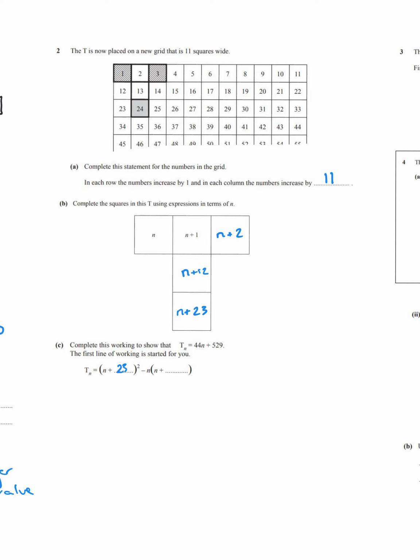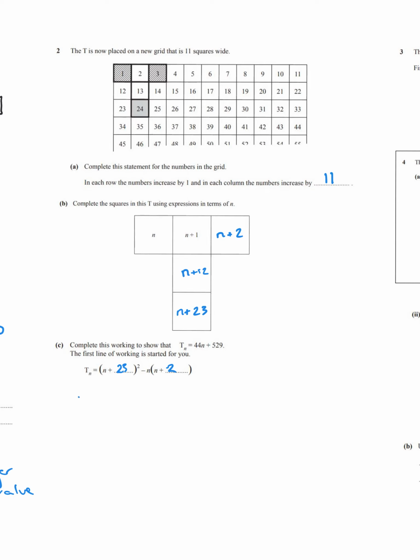Then we take away the two things here, n multiplied by n plus 2. I nearly wrote n plus 2 again. Okay, so we need to expand this.